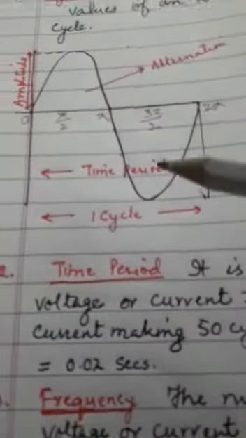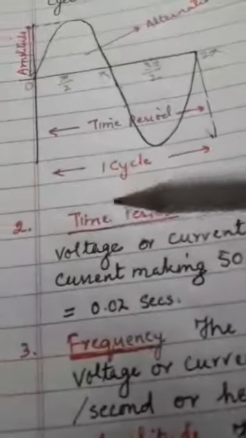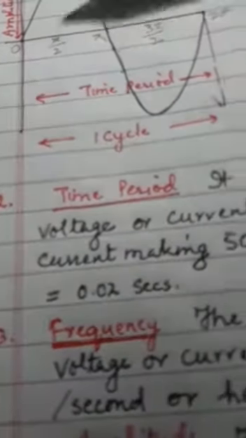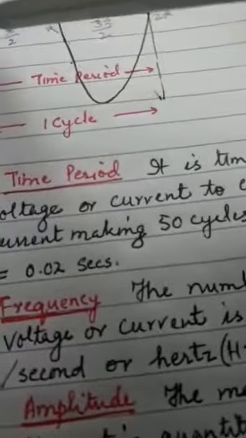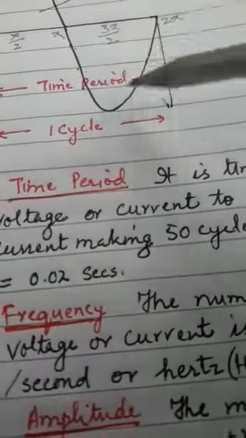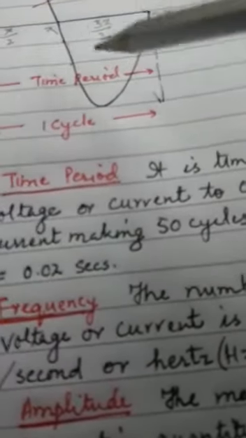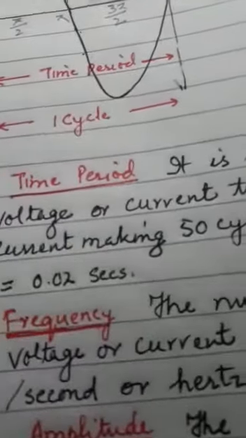How would you measure a time period? Time period is the time taken by the alternating value, the voltage or current, for a complete cycle.